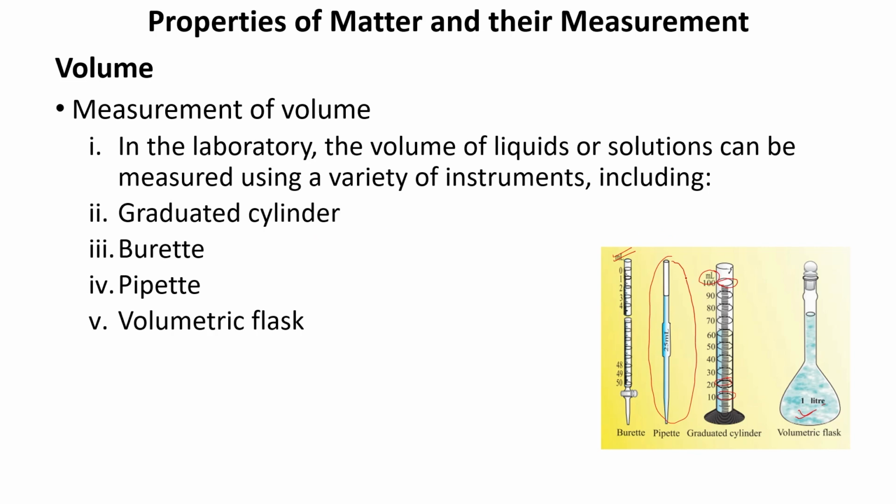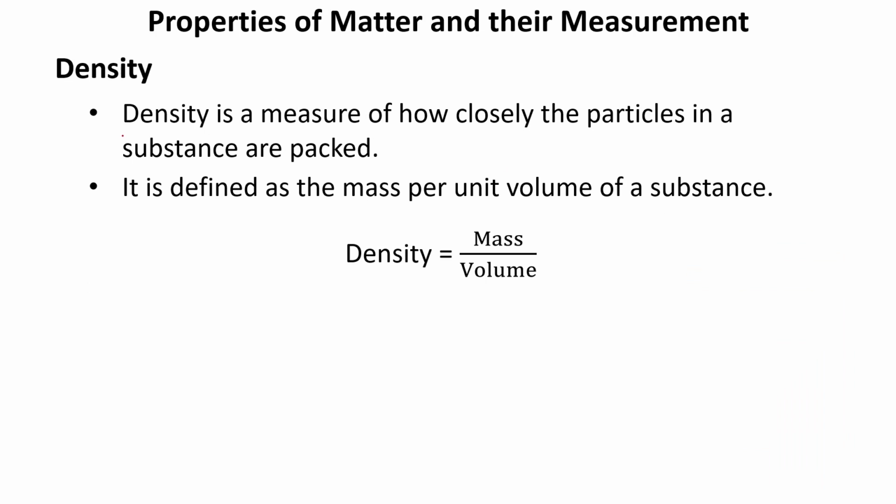Now we will talk about density. Density is a way to define how closely the molecules are packed to each other. Suppose you take iron and wood: the same volume will give you different mass. Why?